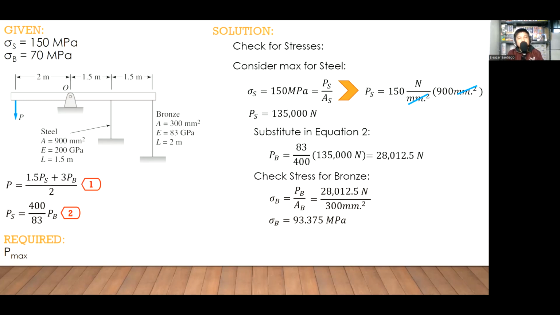But we need to compare this with our sigma B working, allowable, and maximum. The value of that maximum is 70 megapascals, which means that sigma B, 93.375 megapascals, is greater than 70 megapascals, which means that for these values of PS and PB, it is unsafe or otherwise not applicable.